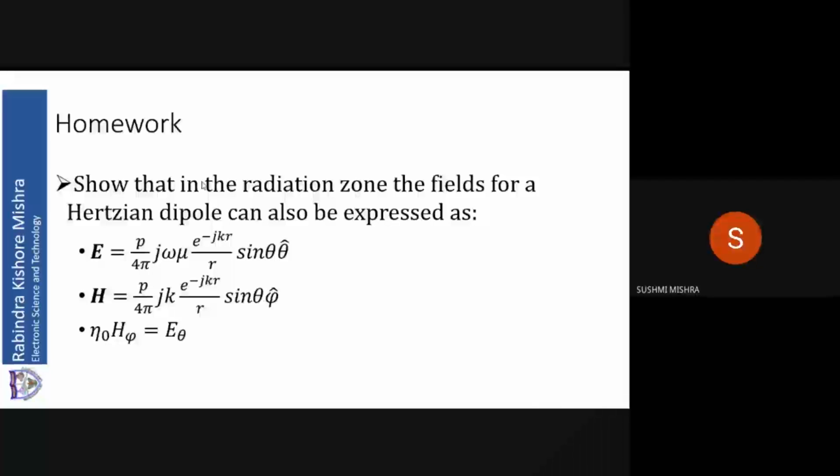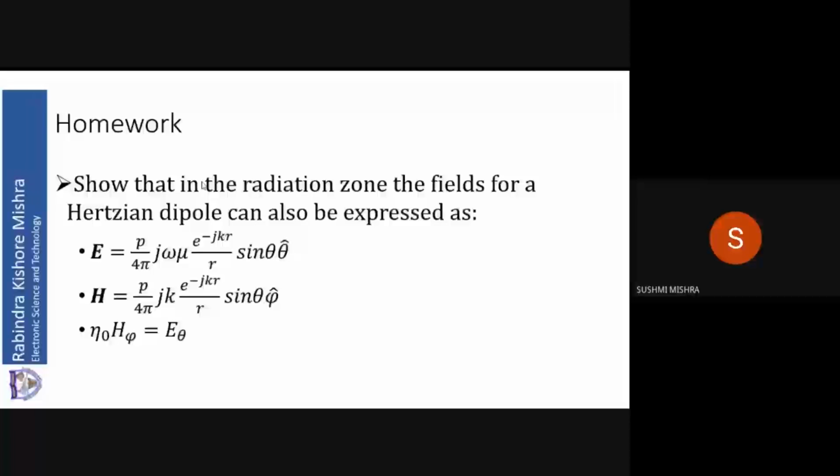So the homework is, in the radiation zone, the fields for a Hertzian dipole can also be expressed as E is equal to P upon 4 pi j omega mu e to the power minus j k r upon r sin theta theta cap. So this is E theta. Similarly, H is equal to P upon 4 pi j k e to the power minus j k r by r sin theta phi cap.